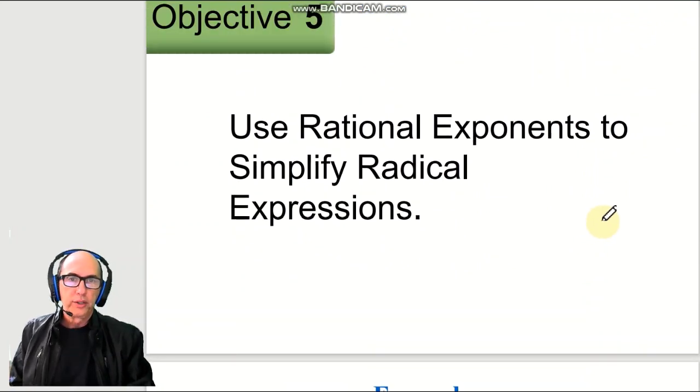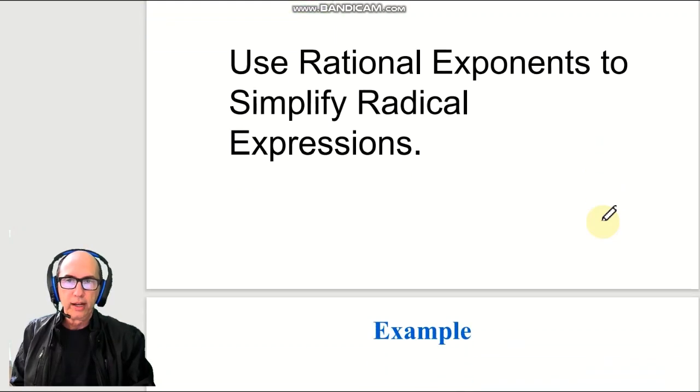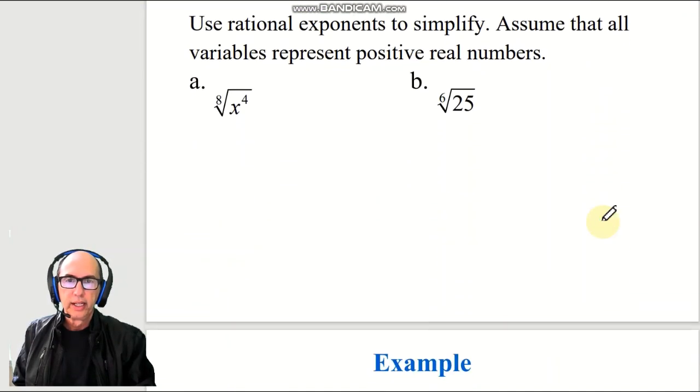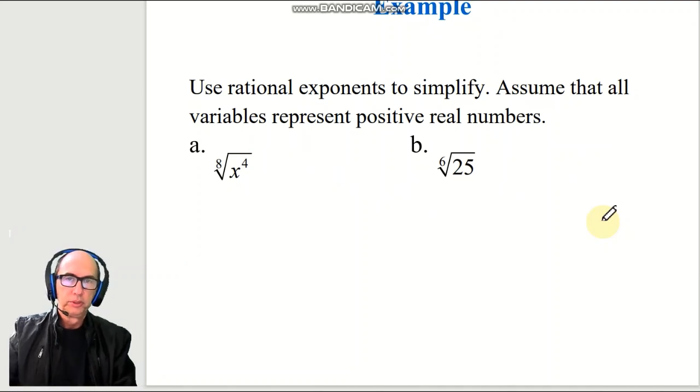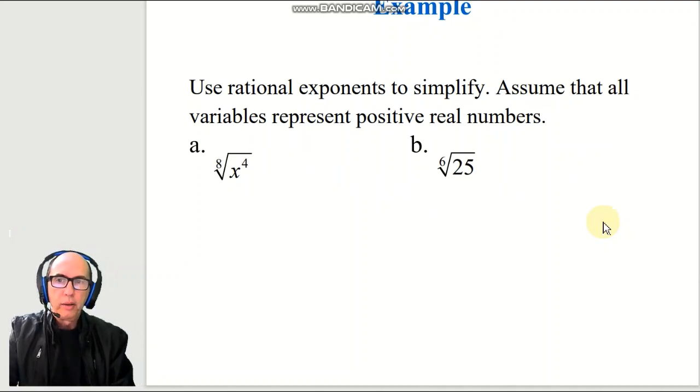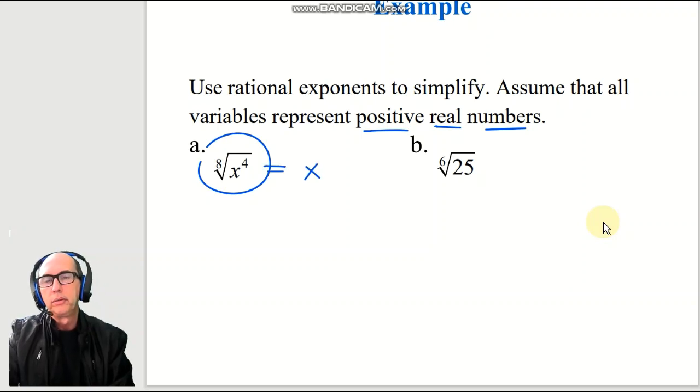Now we're going to use rational exponents to simplify radical expressions. Let's say we have these examples. Assume that all variables represent positive real numbers, so we don't need to worry about having a negative here. 8th root of x to the power 4. Let's rewrite this as rational exponents.